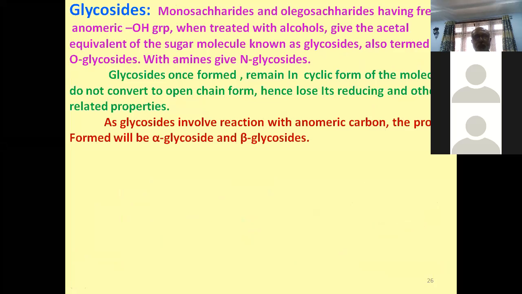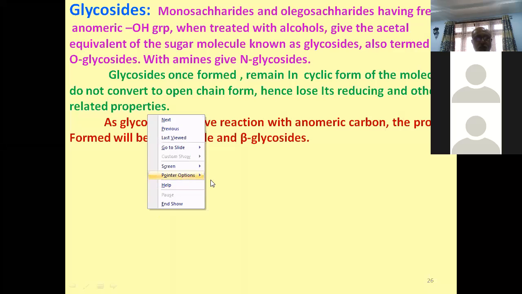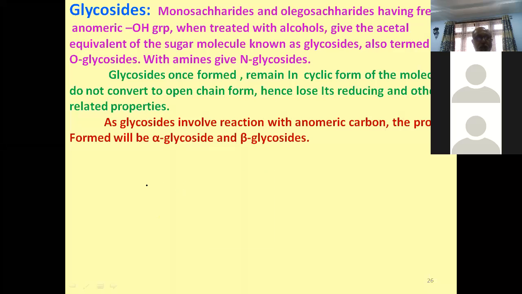Glycosides. What are glycosides? Now you see, if you remember your reaction, an aldehyde, C double bond O, H, reacting with an alcohol, let us call it R prime OH, in presence of HCl.